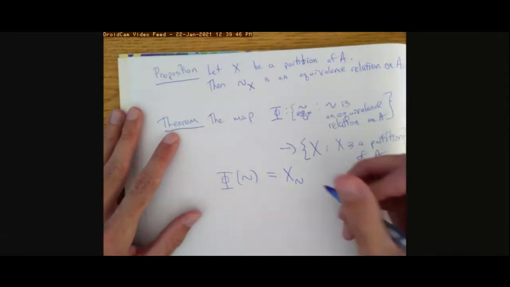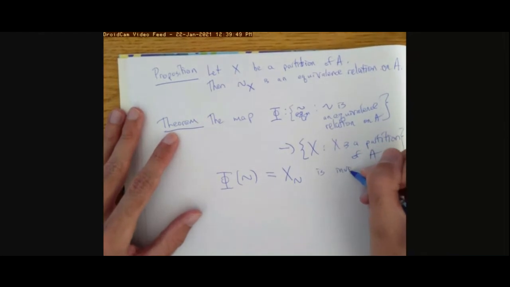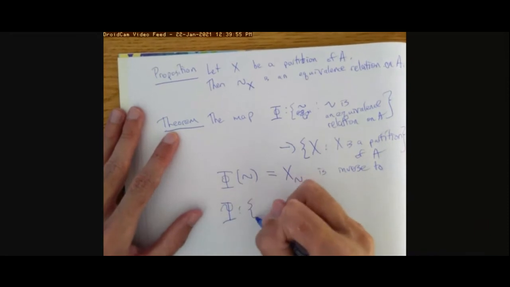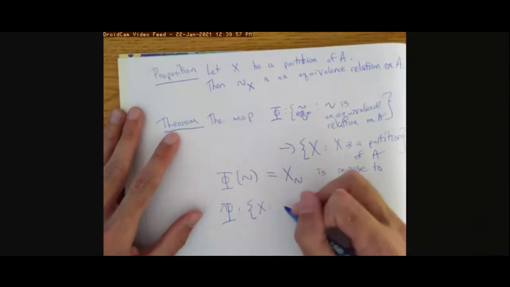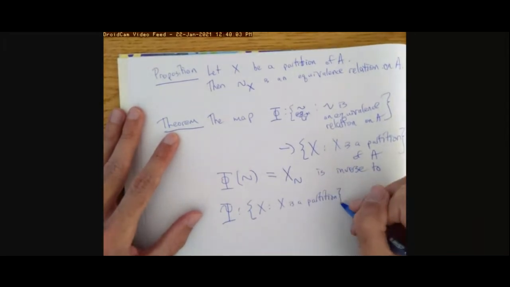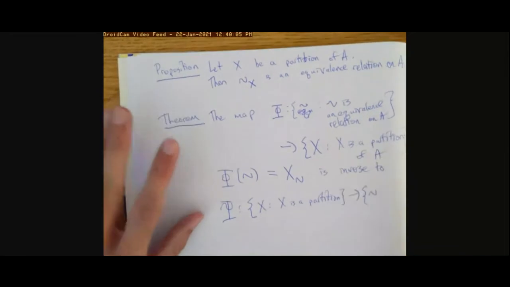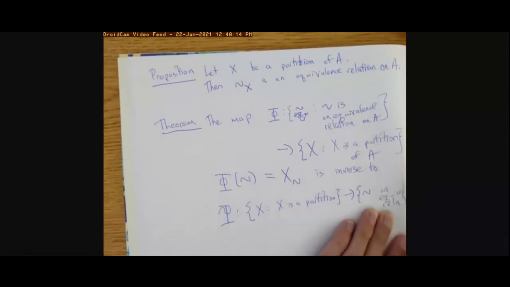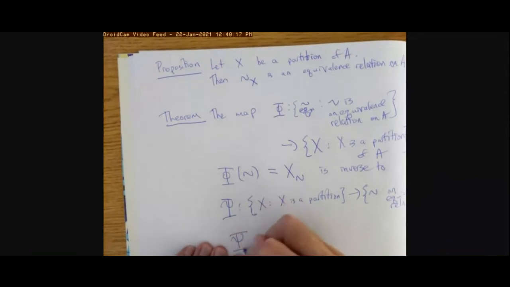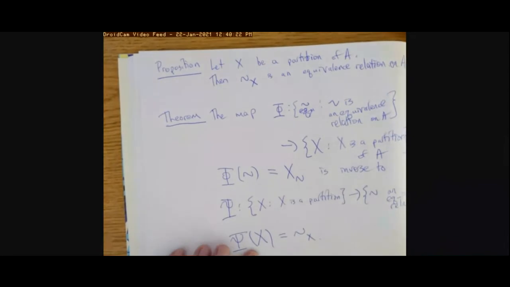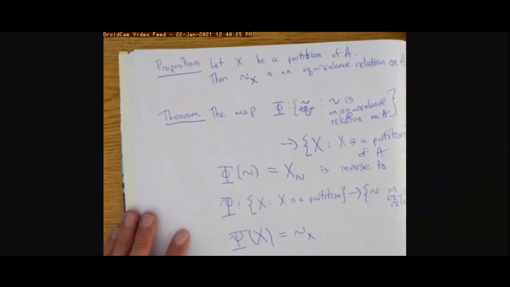This map is inverse to psi, and psi tells you to take a partition and find the equivalence relation according to that partition.